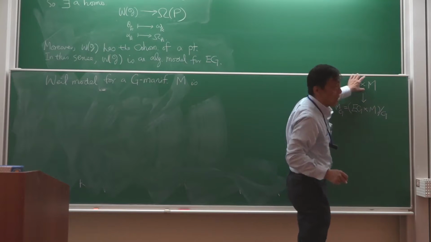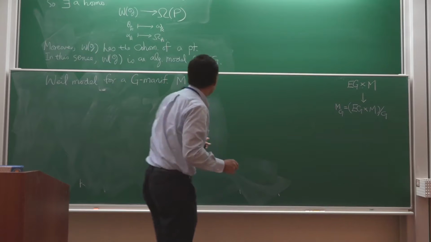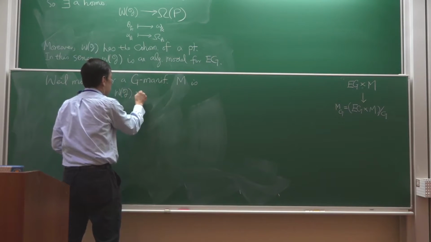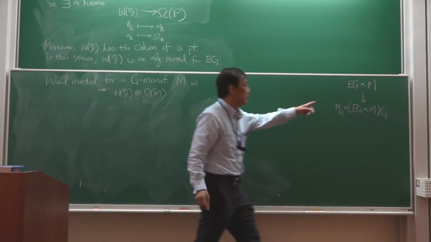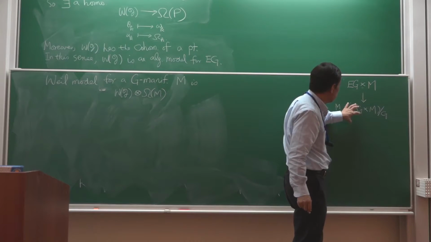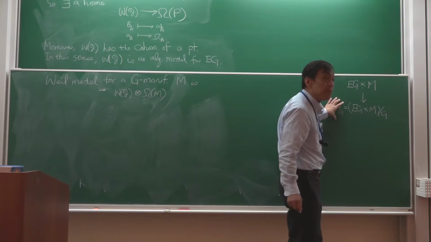So the algebraic model for the Cartesian product is the tensor product. So you take the tensor product of the Lie algebra and the de Rham complex of M. Okay? And then you want the forms on the base.